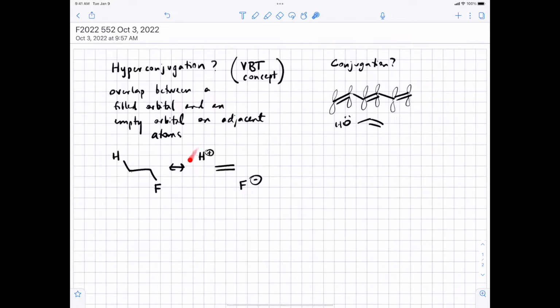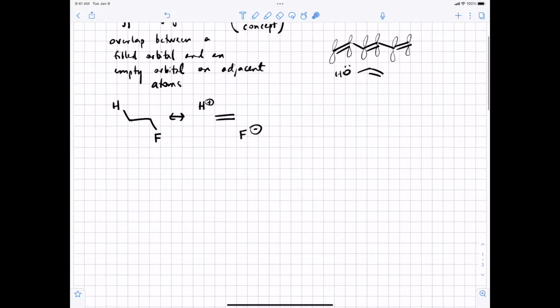And that's right. It's not a very strong contributor, but it does help explain why a proton that is beta to a leaving group is more acidic than a proton that isn't. This resonance structure would tell you that a proton that's beta to an electronegative atom should be somewhat more acidic than expected.